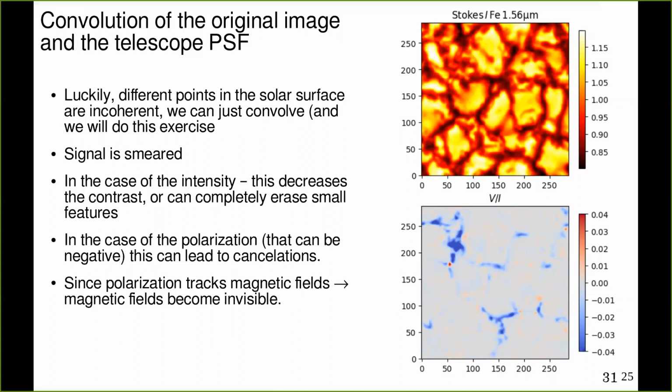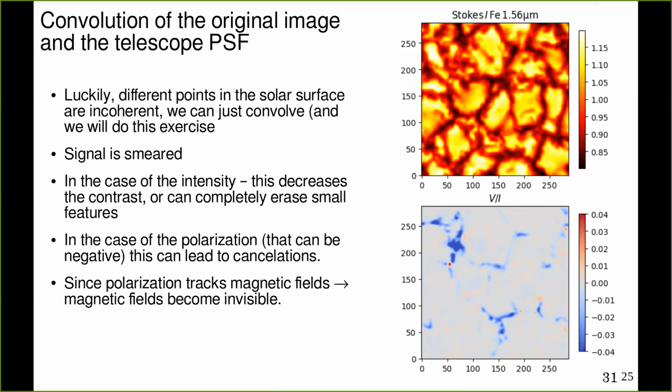And the situation is particularly bad when you have measured quantities which can be positive and negative. So for example, the circular polarization can be positive and negative. And smearing in that case can lead to complete cancellations, right?